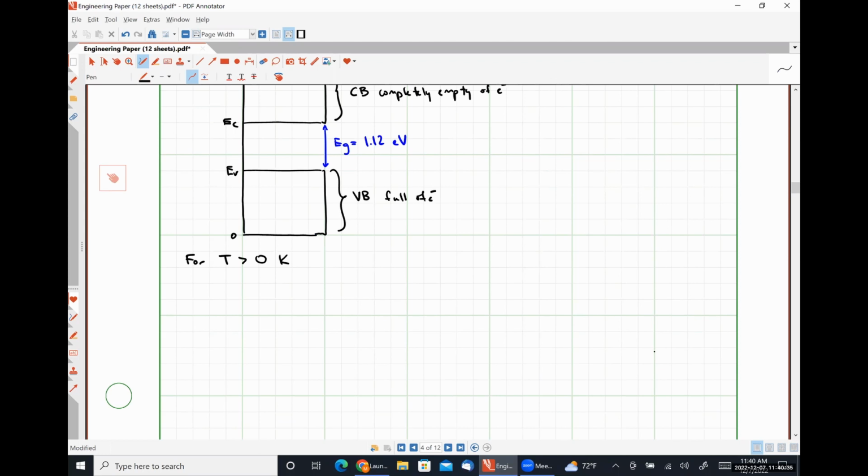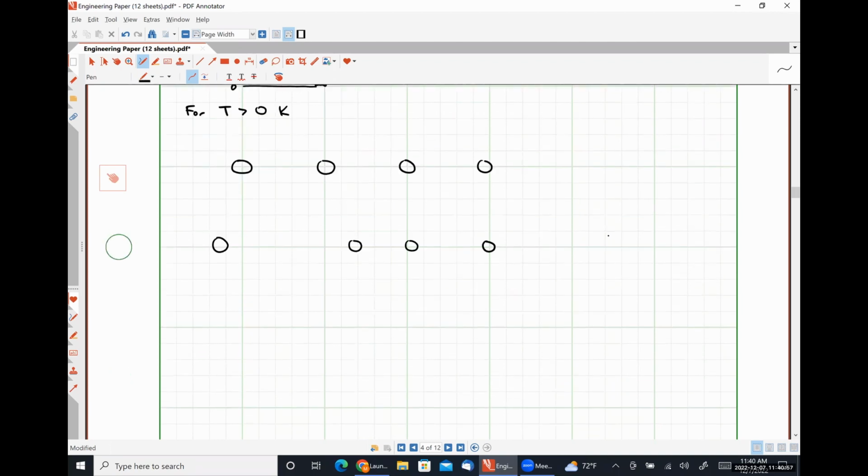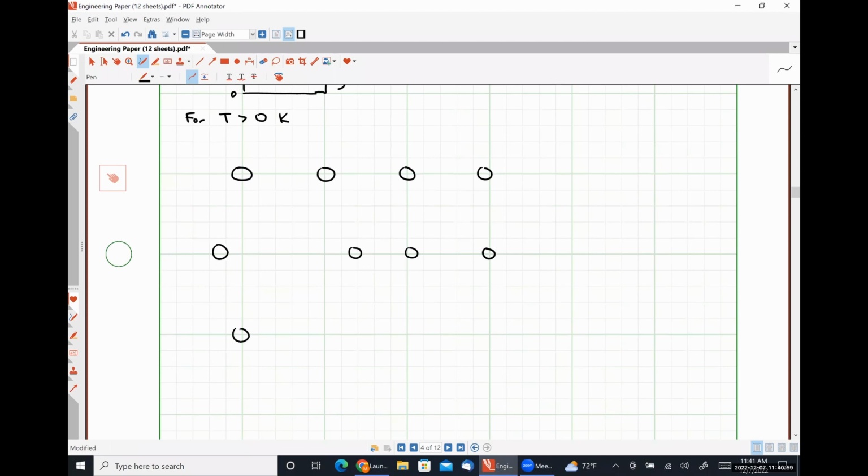So instead of a very neatly ordered crystal, we are going to see that some of the nuclei are very slightly displaced. So as an exaggerated representation, we might have something that looks like this. So here we have covalent bonds.